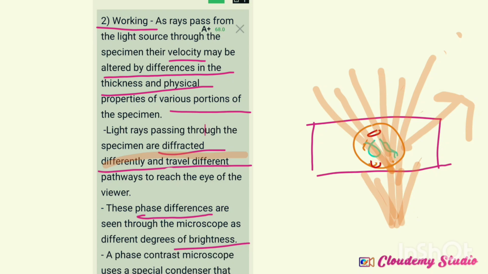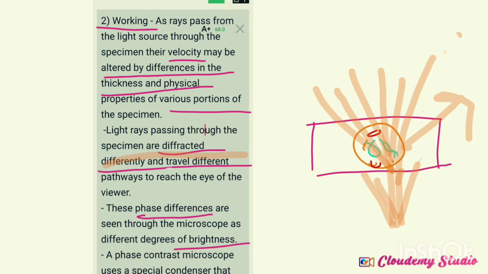Light rays passing through the specimen are diffracted differently and travel different pathways to reach the eye of the viewer, and finally we observe the image of the object through the eyepiece of the microscope, and these phase differences are seen through the microscope as different degrees of brightness.